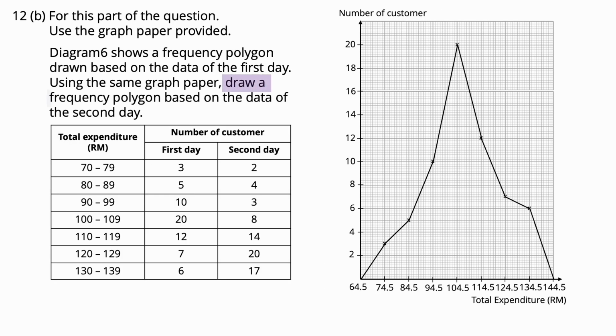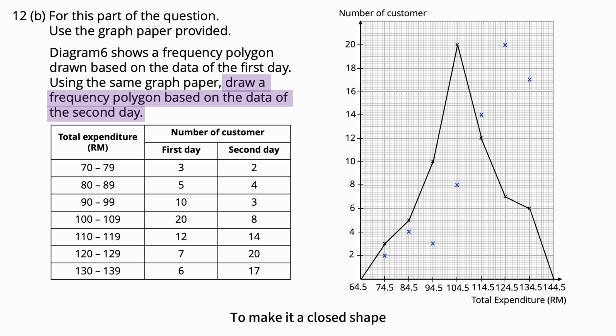B. Draw a frequency polygon based on the data of the second day. Plot the points with frequency 2 on the midpoint of class 70 to 79. 4, 3, 8, 14, 20, and 17 respectively.